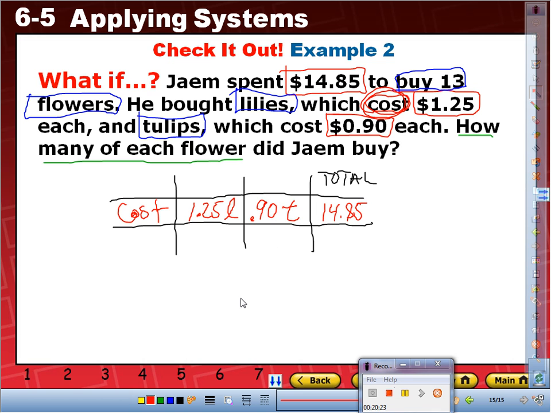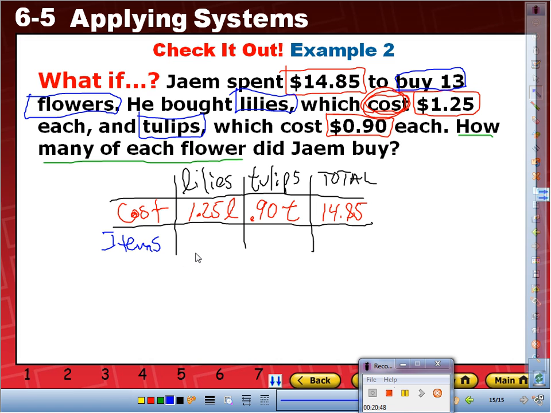All right. So we know that this one is for lilies, and this one is for tulips. Now we're going to write our information for our second part, which is the items.